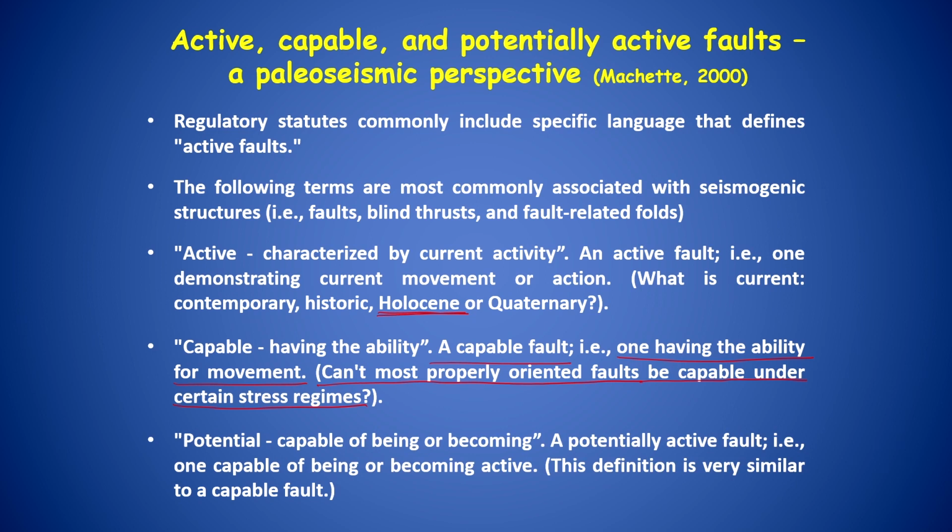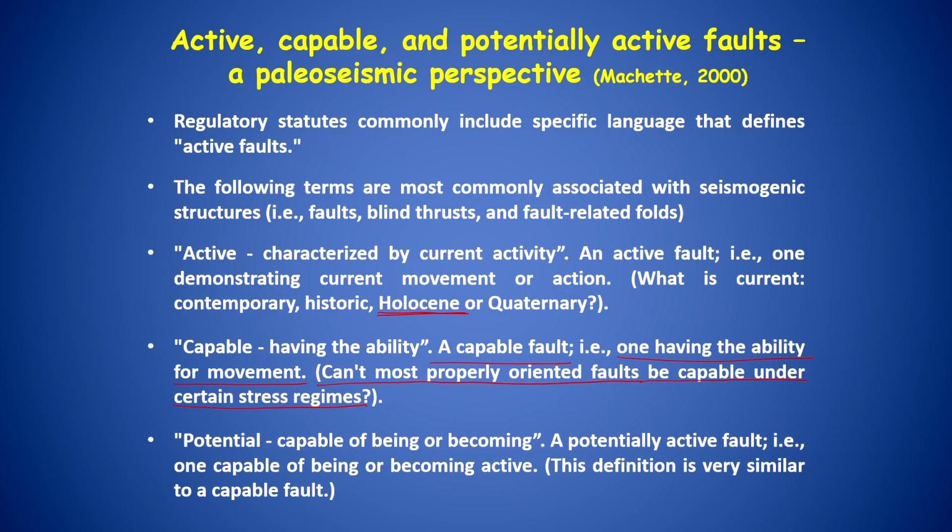Potential means capable of being or becoming. We may see some activity, but that activity is not very prominent, not continuous, then we may say that this fault has the potential of becoming an active fault.